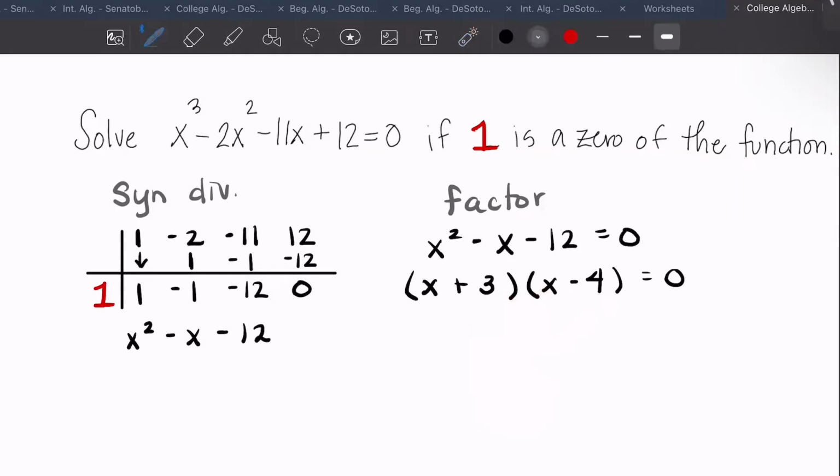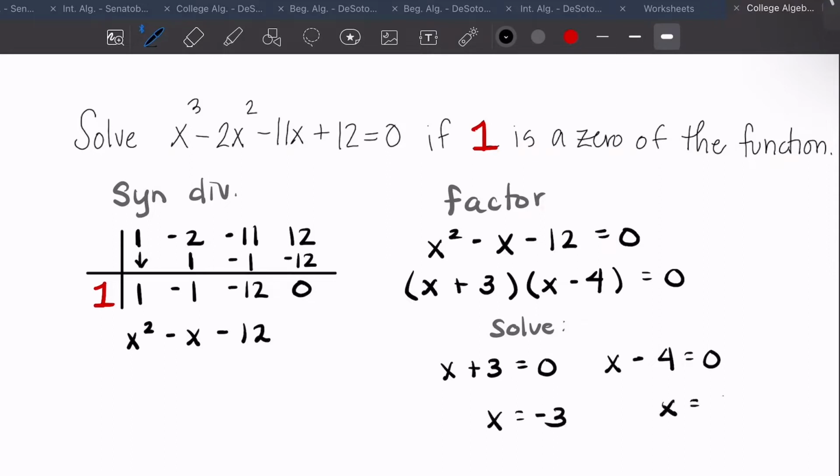Then you're going to solve. So that means 0 product rule. So you have x plus 3 equals 0, x minus 4 equals 0. So you get x equals -3, x equals +4.